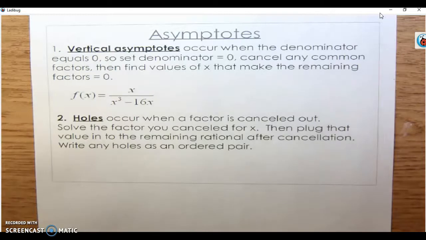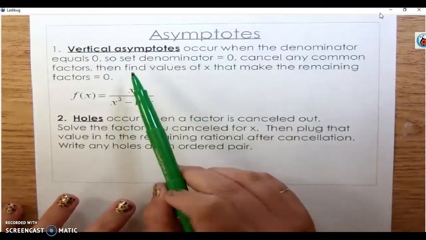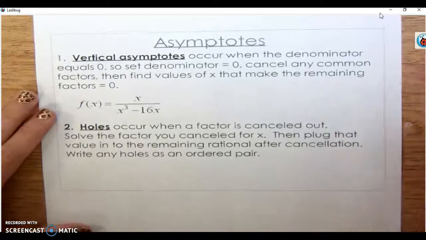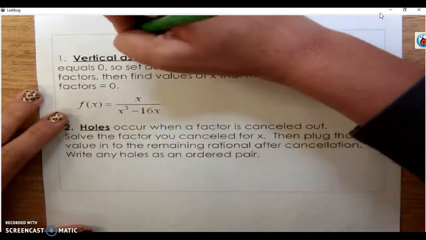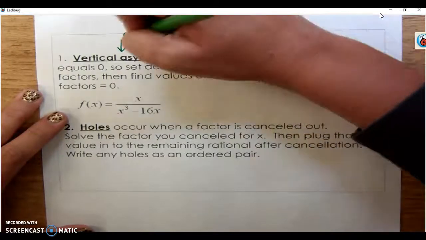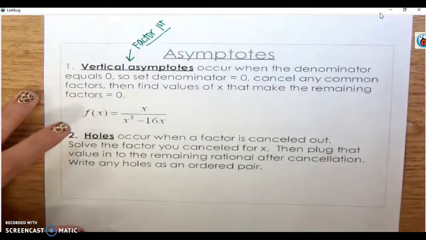So first thing, a vertical asymptote occurs when the denominator equals 0. So what we're going to do is make sure that we factor first. For vertical asymptotes, if you can factor, you have to factor first. That's very important.